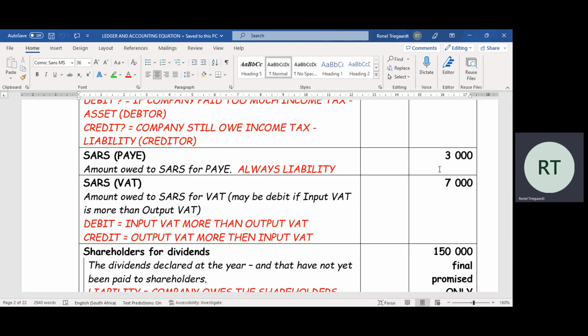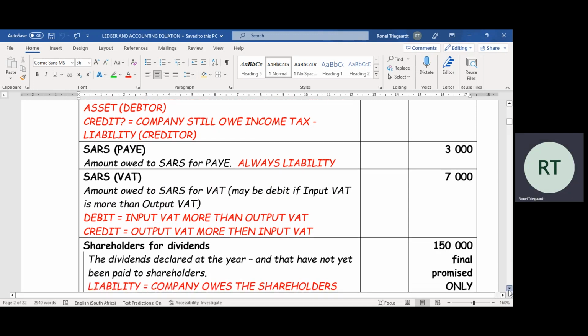As dit 'n debietsaldo is, beteken dit die insetbelasting, dit wat die maatskappy betaal het vir BTW, was meer as die BTW wat die maatskappy ontvang het. Dan moet SARS vir ons terugbetaal. If SARS VAT has a credit balance, it means that last month the VAT we received was more than the VAT we paid, and the difference we owe to SARS. Is julle by daarmee? Is julle alright?